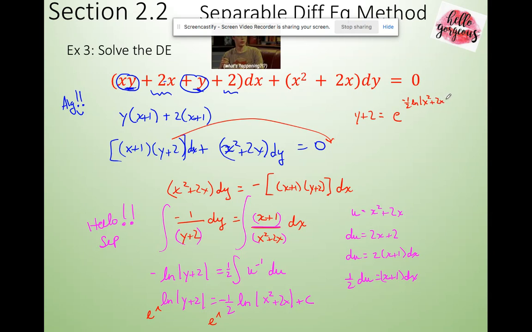And then we know what the whole idea was with this plus c up there, right? It's going to turn into a multiple.